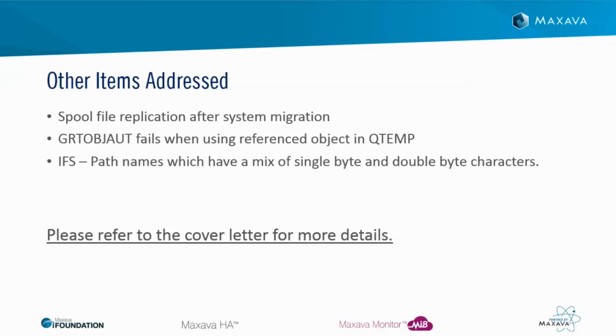The new functionality change in this PTF will now capture the create object authority QTemp issue, and it will automatically send an audit entry request to the production machine to fix the issue immediately once the problem has been seen.